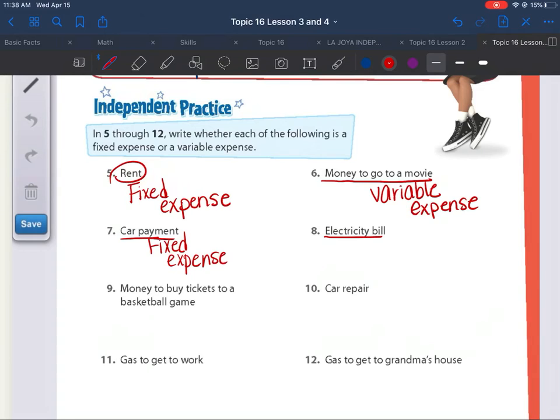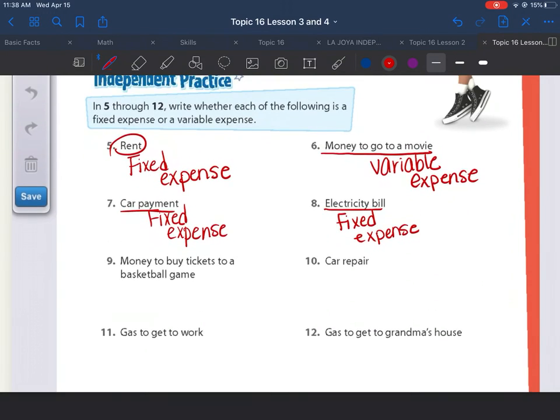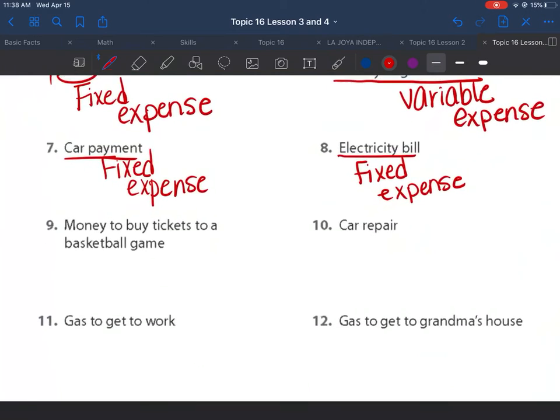Electricity bill. Now, remember we talked about the bills, utilities. Yes, they're going to change, but is it going to be made regularly or non-regularly? In this case, we have to pay the electricity bill every single month, so it will be a fixed expense. The amount is going to change, right?